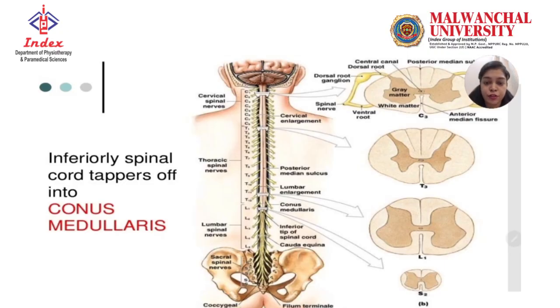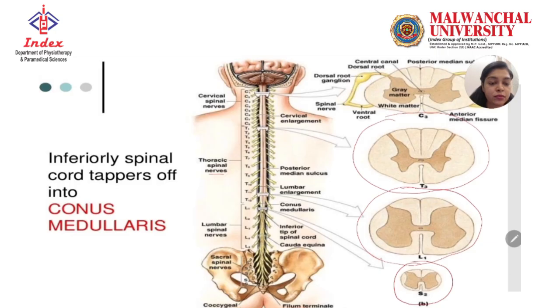Now, the cervical spinal nerves, cervical enlargement, thoracic spinal nerves, posterior median sulcus. In this structure we will see the basic spinal cord structures, that is gray matter and white matter, anterior median fissure, ventral root, and spinal root.